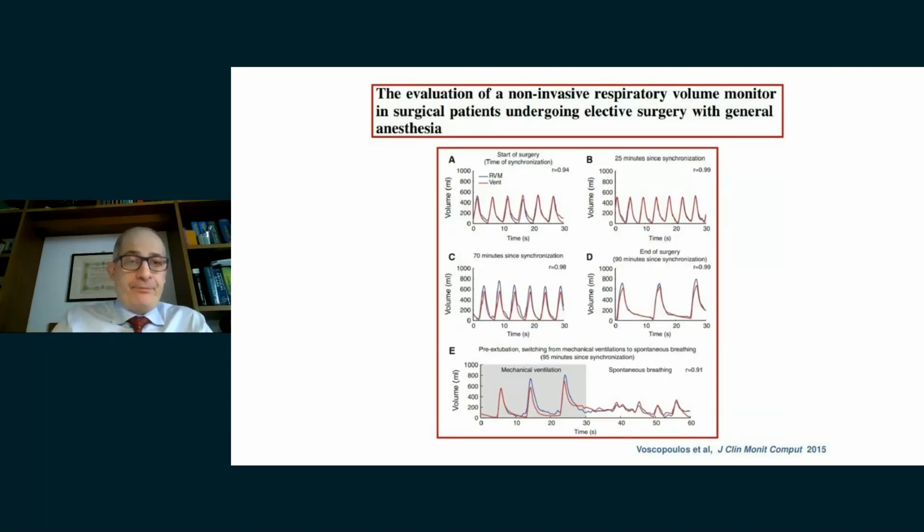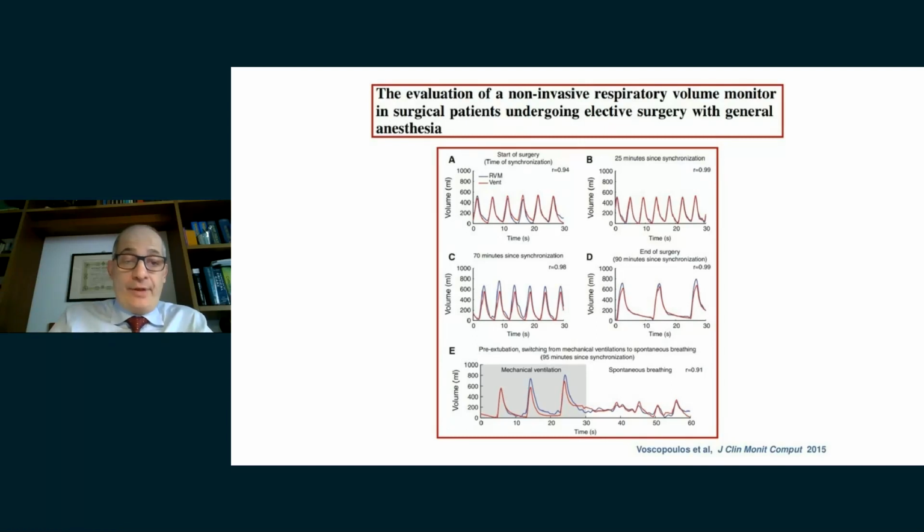In this study, a group of sedated and paralyzed patients underwent general anesthesia, and the tidal volume was simultaneously measured by the device and by the ventilator. And as you can see, a very good relationship was found between the two at the start of the surgery, during the surgery, and also at the end.